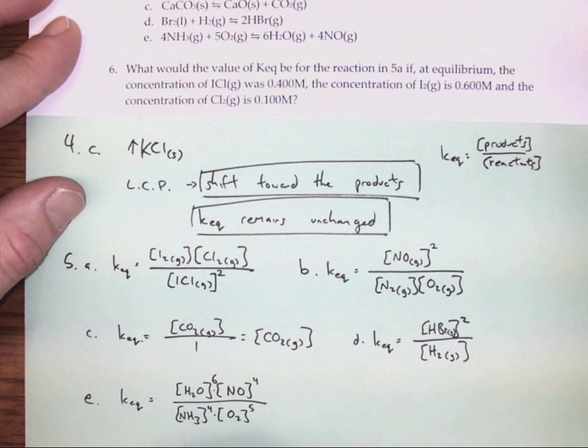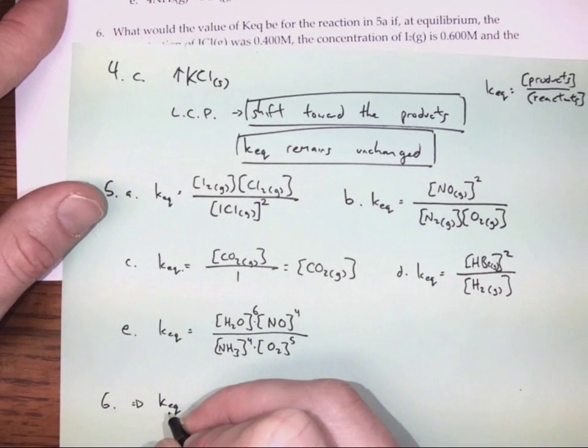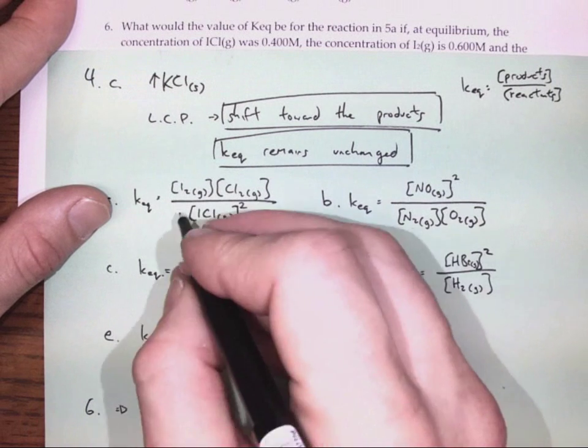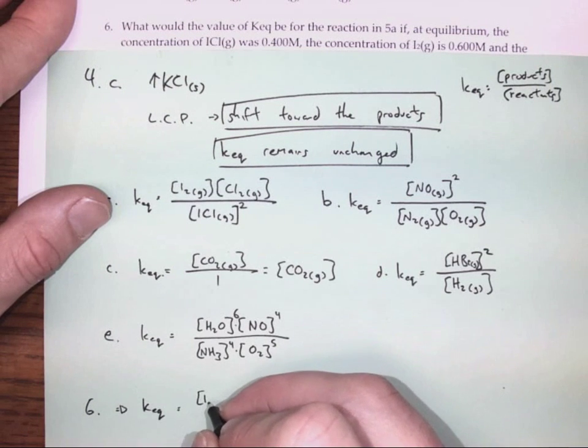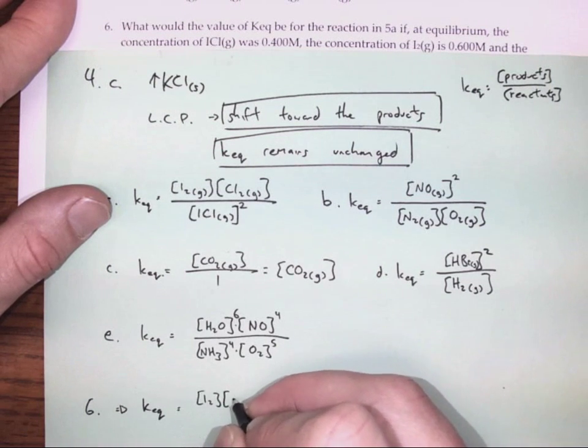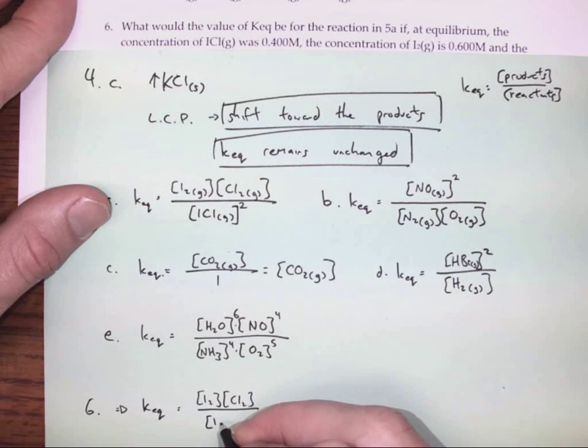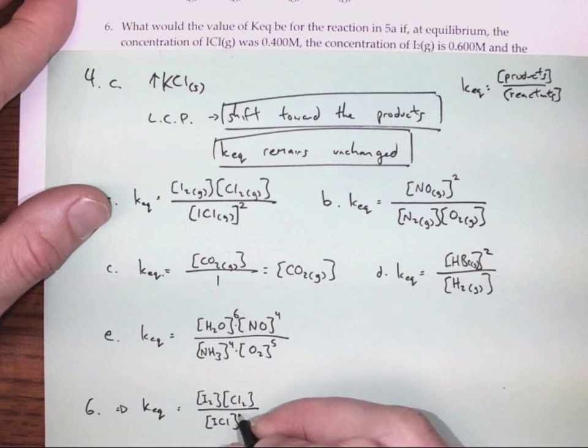So we're going to start out, we have a KEQ of, well, we already wrote it out here, so it's our iodine concentration times our chlorine concentration, at equilibrium, of course, divided by our iodine chloride concentration, and we're going to square those.